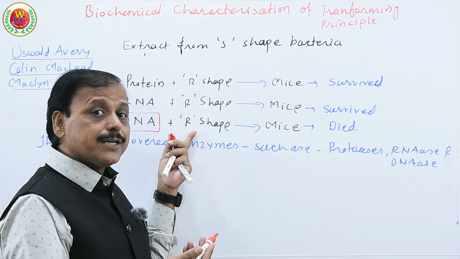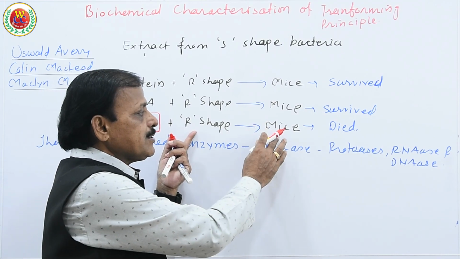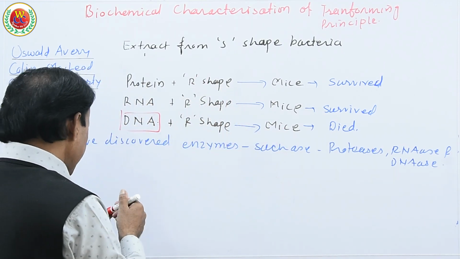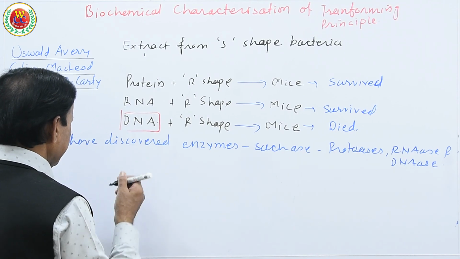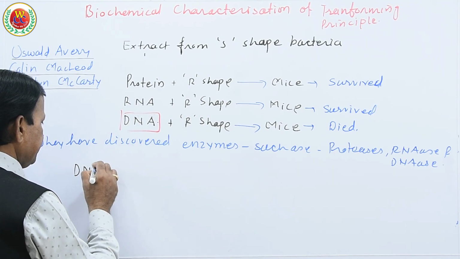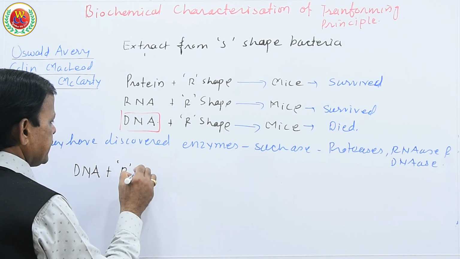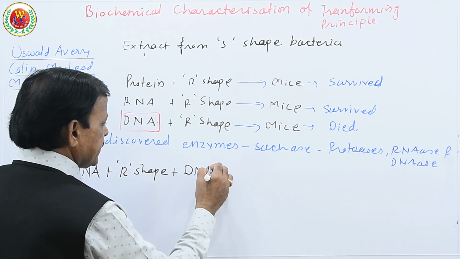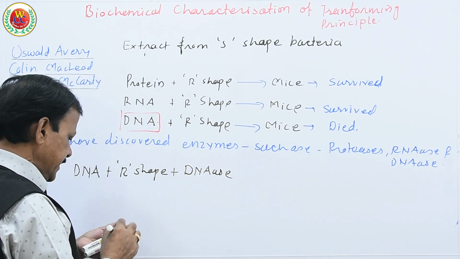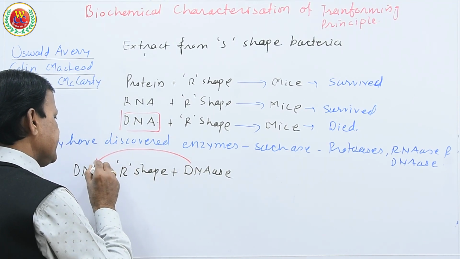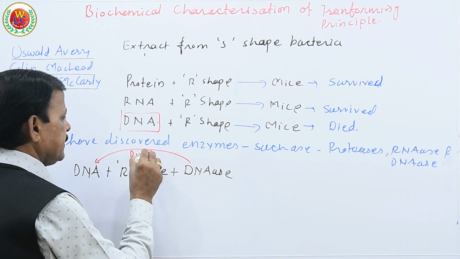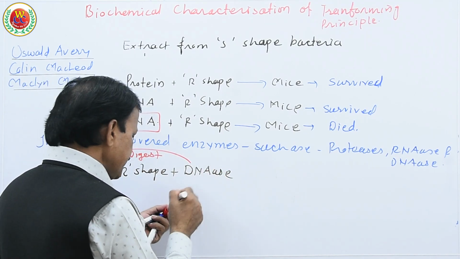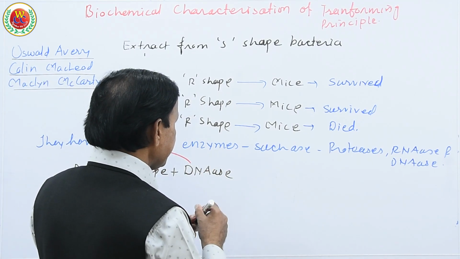Since it did not convert into S-shape, there was no disease and no death. They injected DNA with R-shaped bacteria plus DNase enzyme, the nuclease enzyme. Since DNase digests the DNA, R-shape will not convert into S-shape.